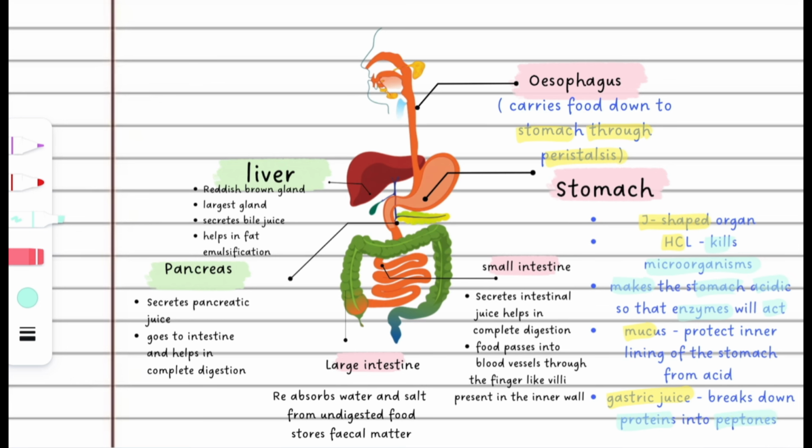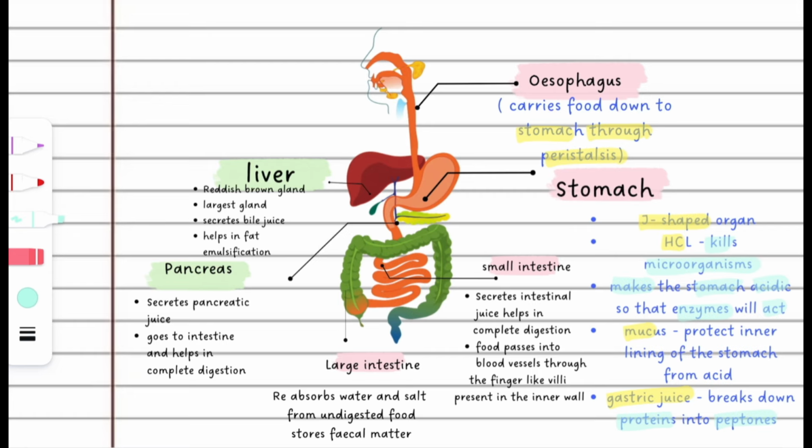Now what does that mean? I have already told you that inside our mouth the partial digestion of carbohydrate starts, and in the stomach the partial digestion of protein starts. So protein is not broken down completely, but it is broken down into a semi-complex form, that is peptones.